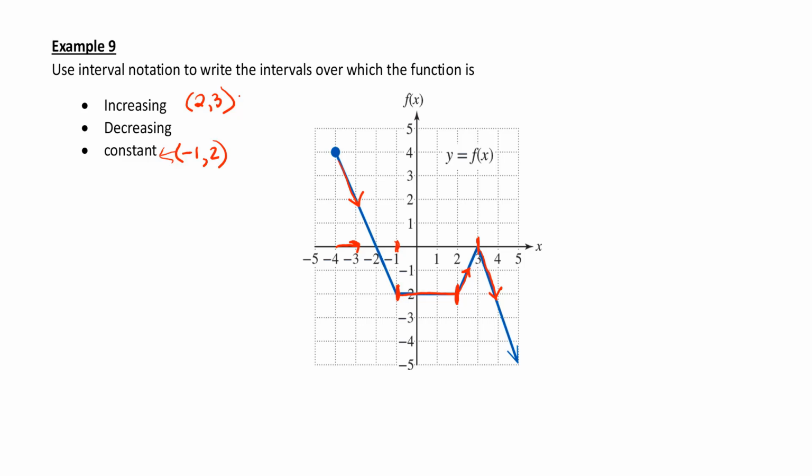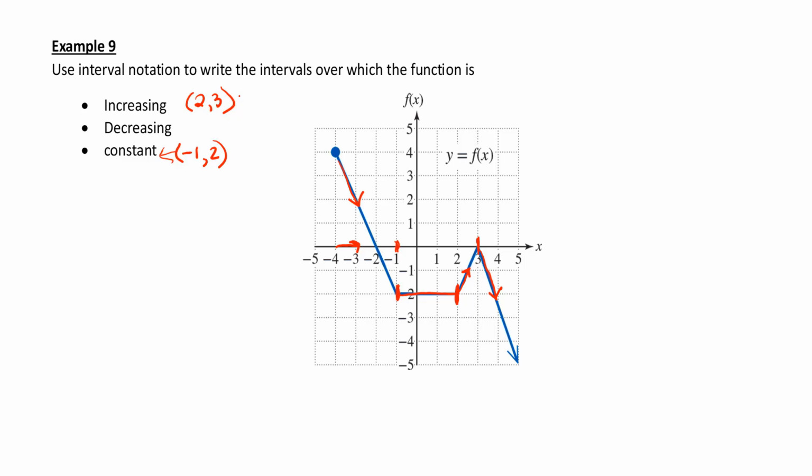So you would never put a solid bracket when you're talking about increasing, decreasing, or constant, because a function is not doing anything at a specific point. It's doing things across an interval. It's moving. If you ask what it is doing at the point 3, when x is 3, it's not doing anything. It's just one point.